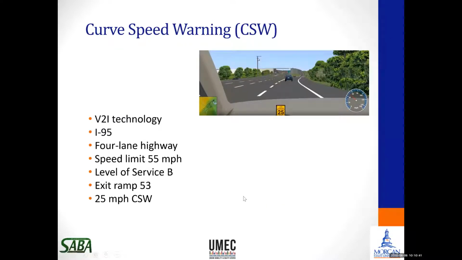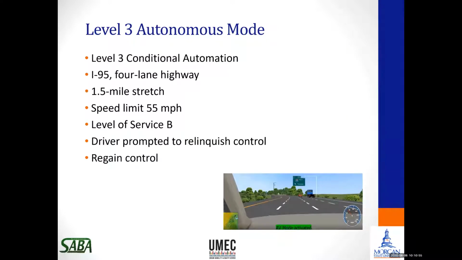And curve speed warning. This application is a V2I technology. It warns the driver if the speed of their vehicle exceeds the safe speed limit on a curve or a ramp. We put it on a 4-lane highway, I-95 going to the ramp at exit 53.